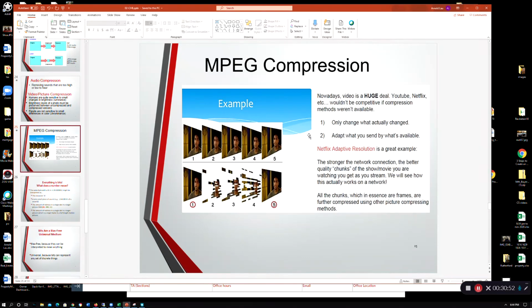So MPEG is basically storing things from one frame to another frame. Actually, there's probably a lot of things that are exactly the same, right?